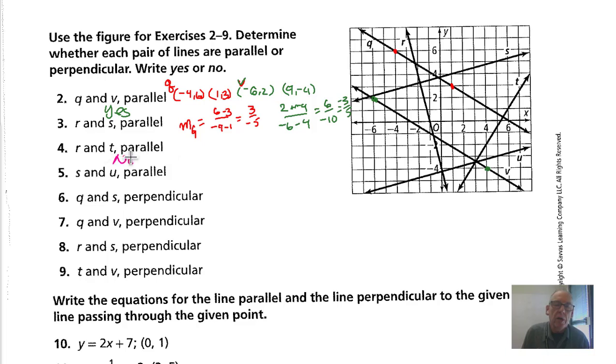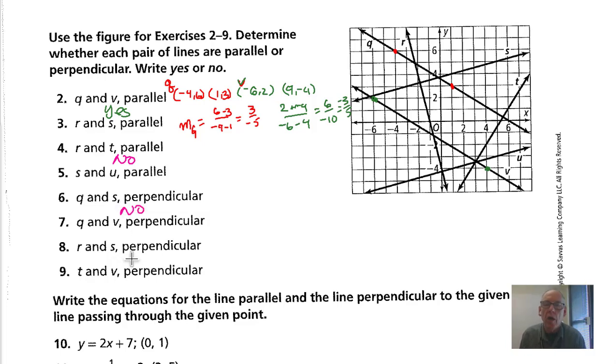So that's going to be a no. We don't even have to worry about that one. Let's look at number 6, Q and S perpendicular. Here's Q. Here's S. Q and S obviously don't make a right angle when they cross. That's also going to be a no.